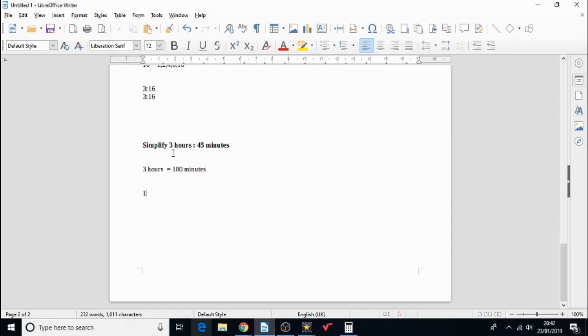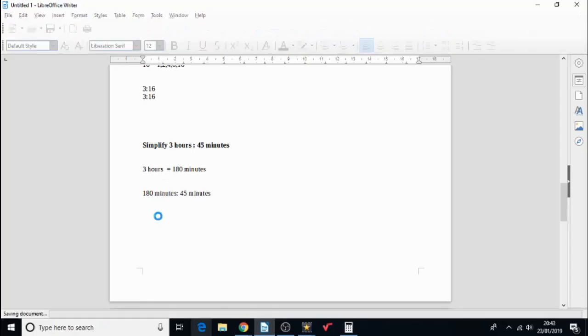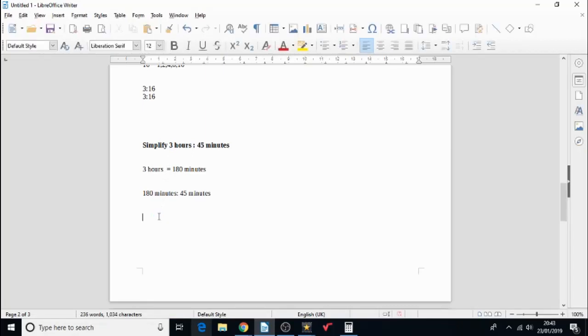Now we've got a proper question. Now the question is really asking us to simplify 180 minutes to 45 minutes, the ratio between the two. So to find a ratio, we can look at its highest common factor.